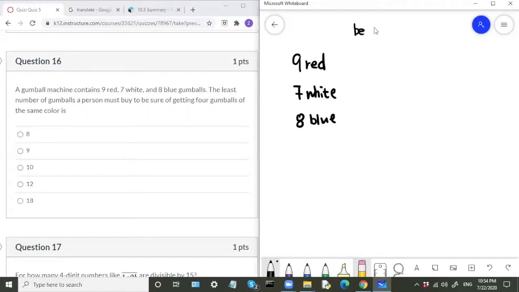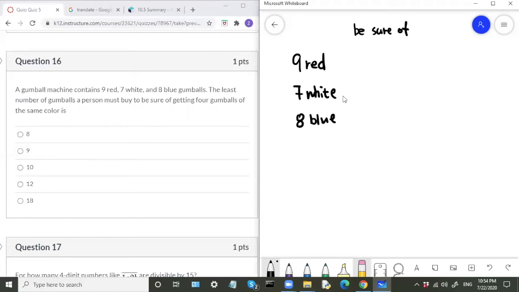So the keyword is be sure of. For example, if we just buy 8 gumballs, we can buy 3 red, 3 white, 2 blue. So we still cannot be sure of getting 4 gumballs of the same color.